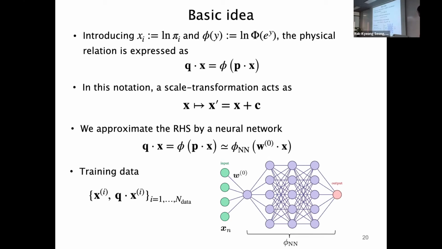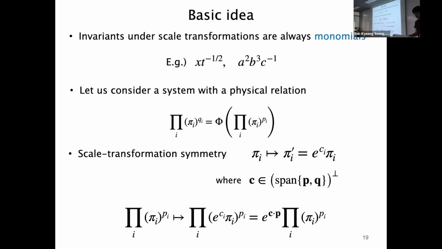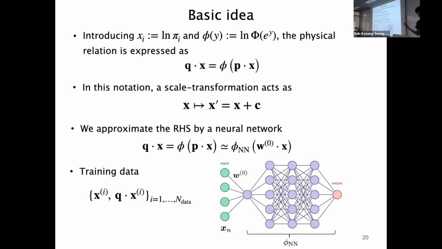So as I said earlier, the scale transformation symmetry is going to be specified by the choice of those vectors P and Q. So once we identify these vectors, we know the scale transformation symmetry in this system.